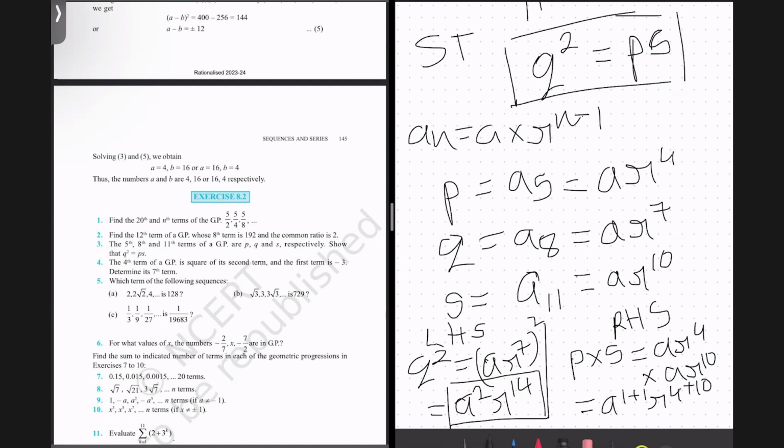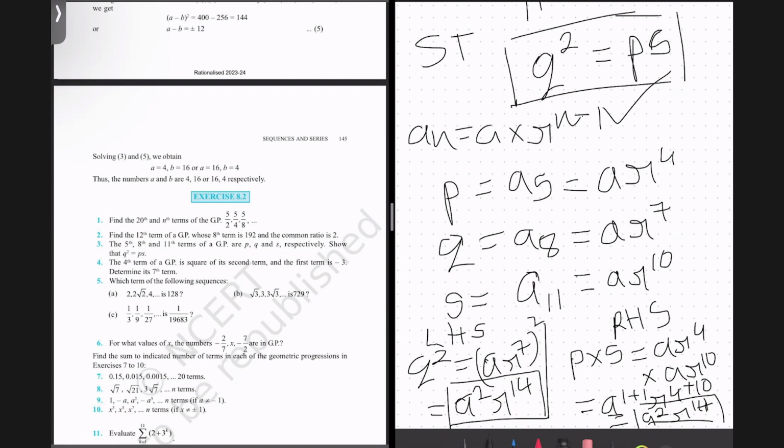I multiplied A and A, and R and R, and what I finally get is A square R to the power 14. When you compare these two terms, A square R to the power 14 and A square R to the power 14, you know that the LHS and the RHS are equal, and hence we have conclusively shown that Q square equals PS.